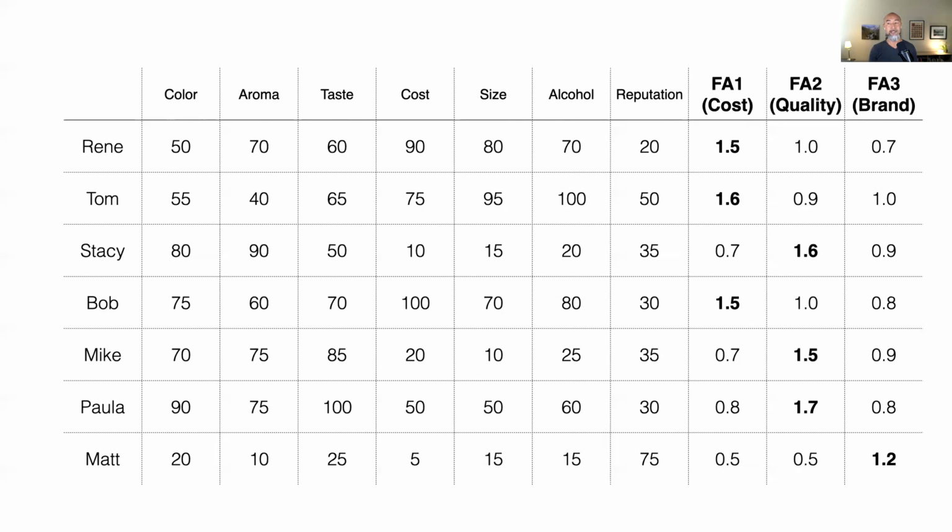When you see a higher score, for example, the first one, Renee, has a higher score on FA1, factor 1. So this person tends to be more cost sensitive than the other people, but not so much on quality and brand compared to others.